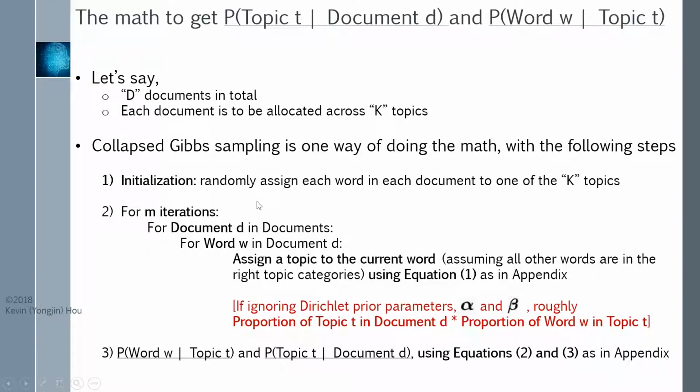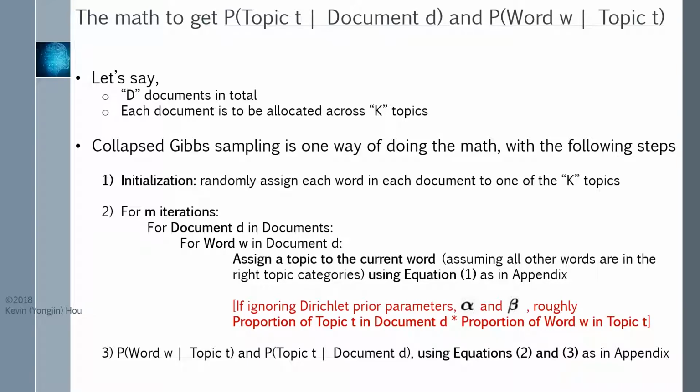By doing this random step, because each word in all the documents already has a topic category, we can already figure out this probability and this probability. But as you can imagine, because everything has been assigned randomly, you can compute those probabilities, but they are not the right answer.